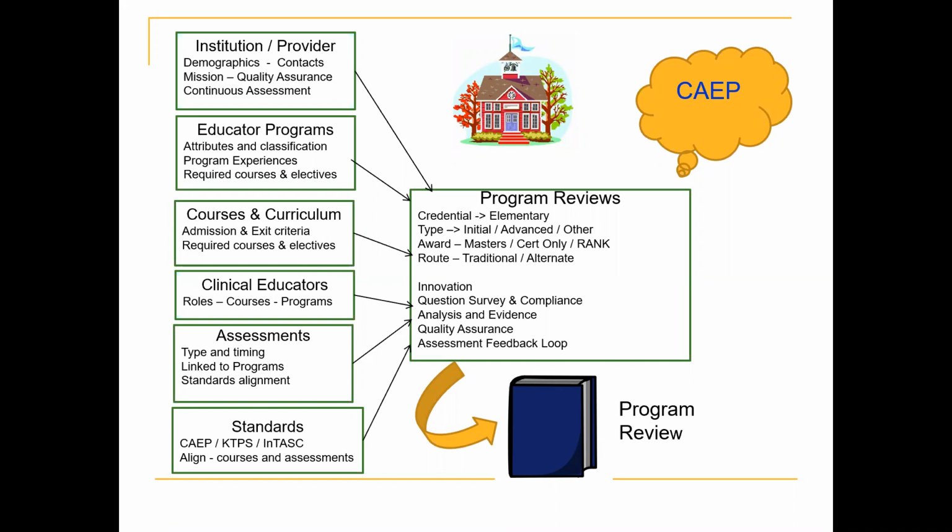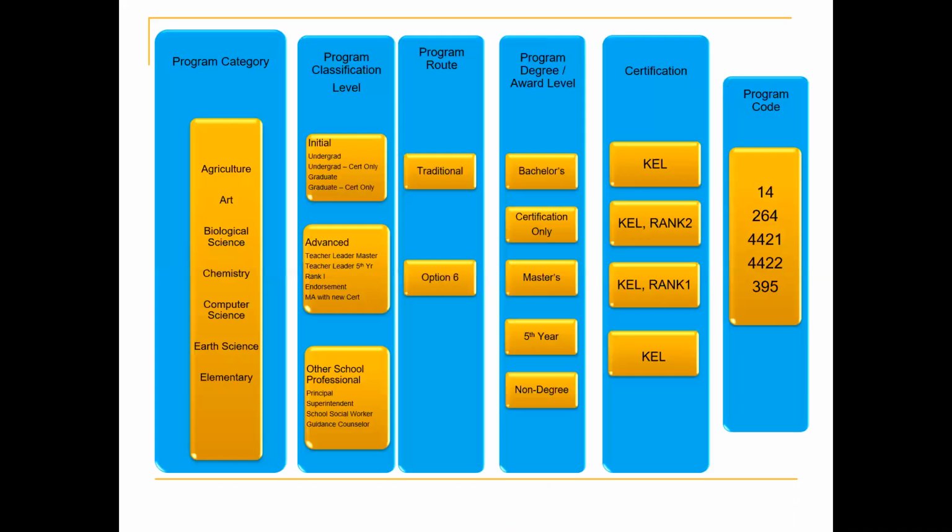Because this particular video is going to focus on the courses, I want to cover a couple of concepts with you briefly. The programs or program category that you may be providing for your candidates has a variety of attributes associated with it. These may be classifications. For example, you may have an initial program or an advanced program.